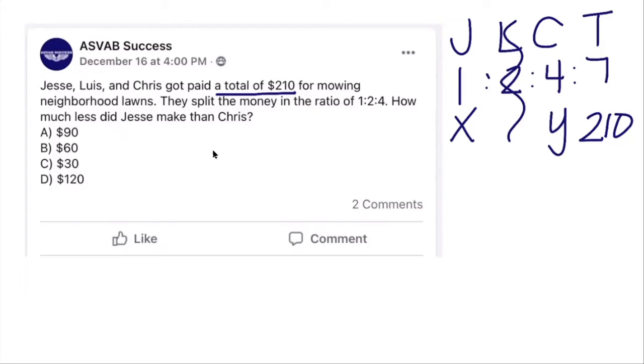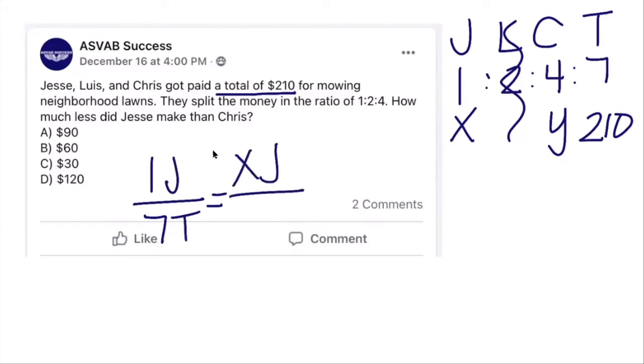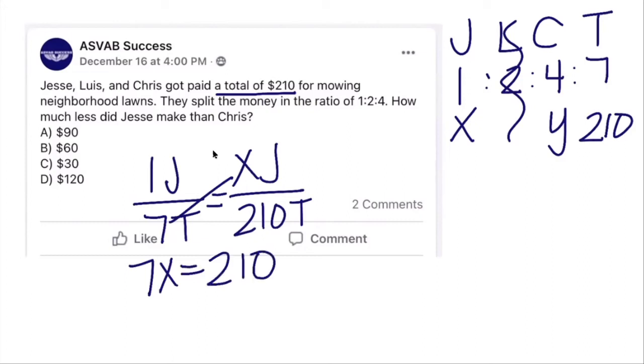Let's start with X. So that's 1 Jesse over 7 total equals X Jesse over 210 total. We multiply, 7 times X is 7X, 1 times 210 is 210.